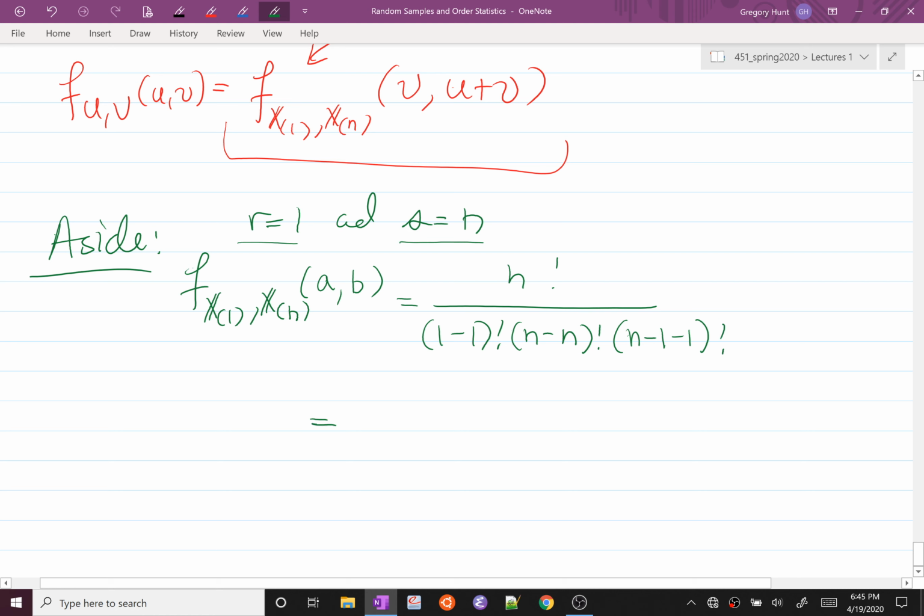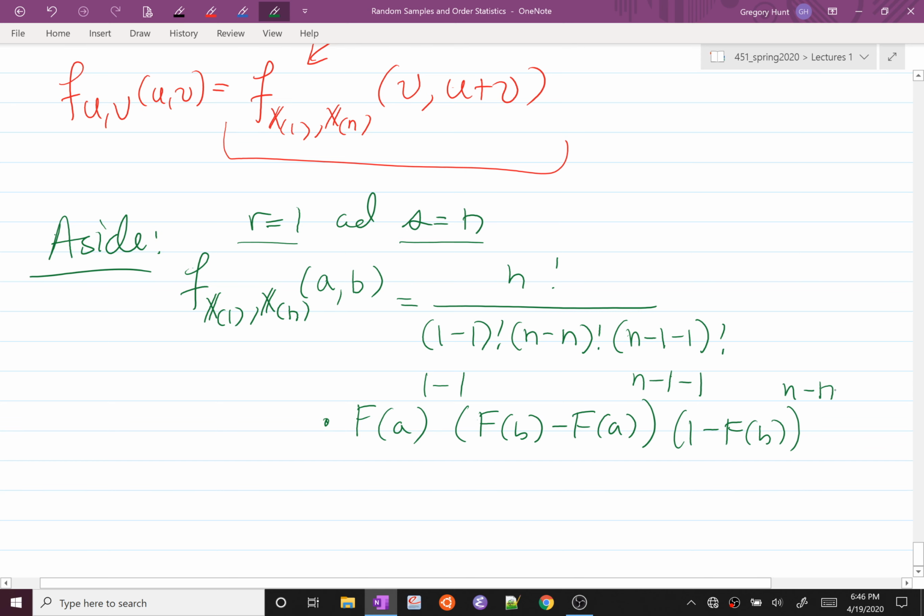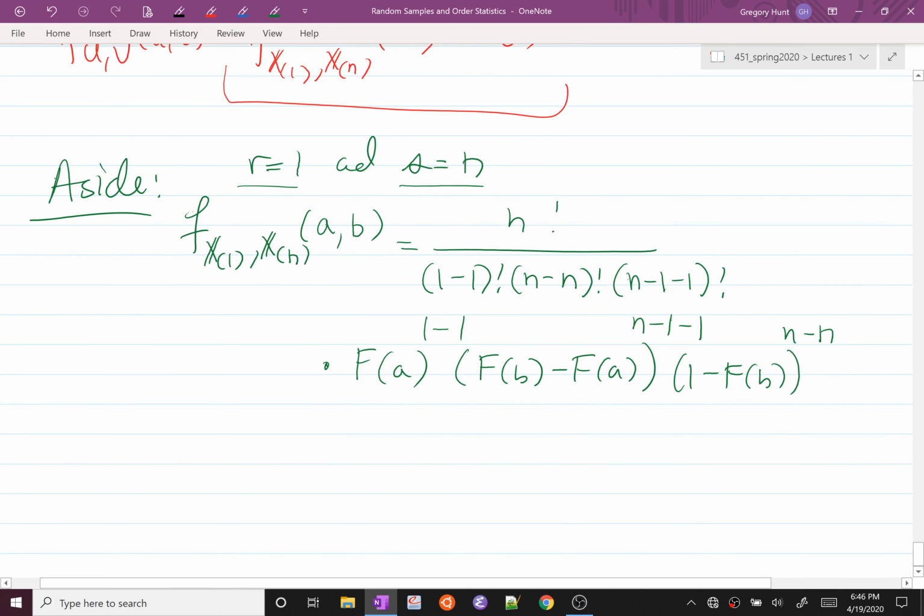And then we multiply by F of a to the r minus 1, well, that's 1 minus 1, because r is 1. The difference F of b minus F of a to the s minus r minus 1, that's n minus 1 minus 1. And then we multiply by 1 minus F of b to the n minus s, but s is n, so that's going to simplify. And then we multiply by f of a and f of b.